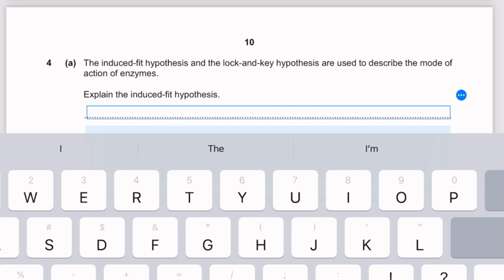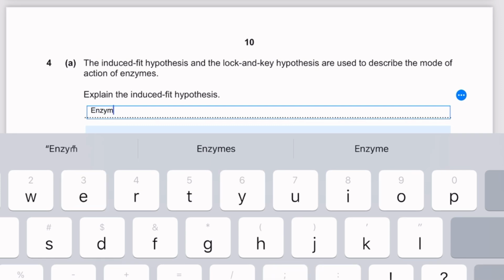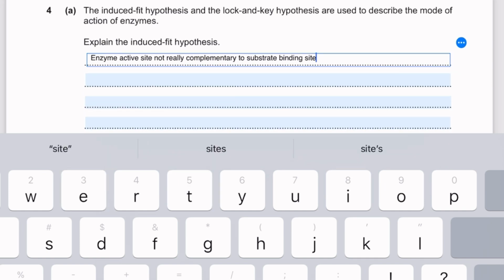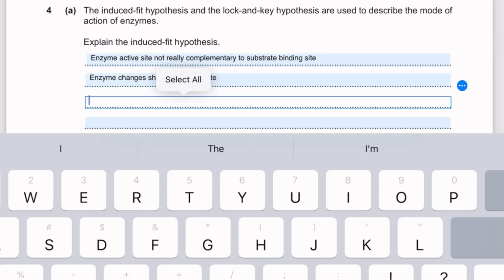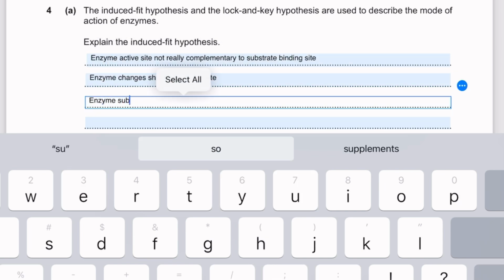So let's go ahead and write this down. The enzyme active site is not really complementary to the substrate binding site, and so, as we mentioned, the enzyme changes shape, or molds, or undergoes a conformational change in shape, whatever you want, to fit the substrate, and then the enzyme-substrate complex is formed.